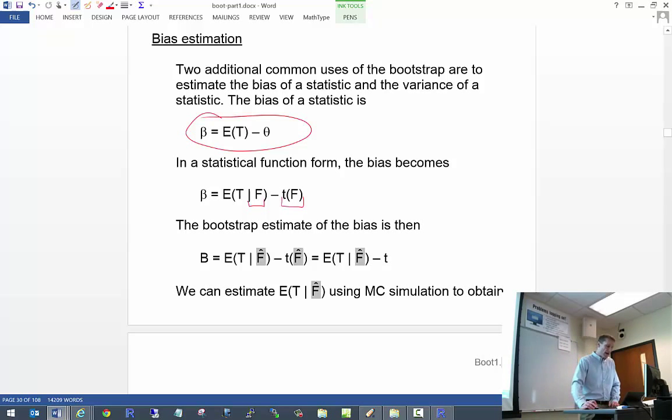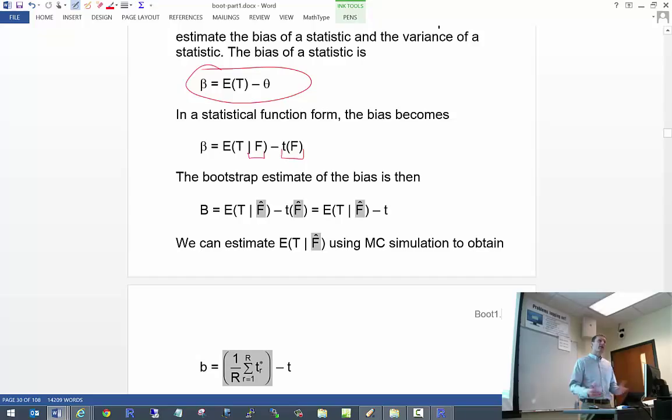Then the bootstrap estimate of the bias comes from this plug-in principle again, where you see an F, you put an F hat. Okay? We know what F hat is. It comes from our sample. It's our EDF. So that means I can essentially calculate the expected value of T given F hat.